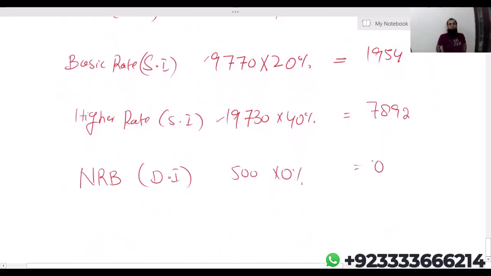The total dividend income is 10,000. Out of 10,000, we have taken 500 in the nil rate band. So remaining 9,500 obviously falls in high rate band because basic rate is fully utilized. Higher rate dividend income.